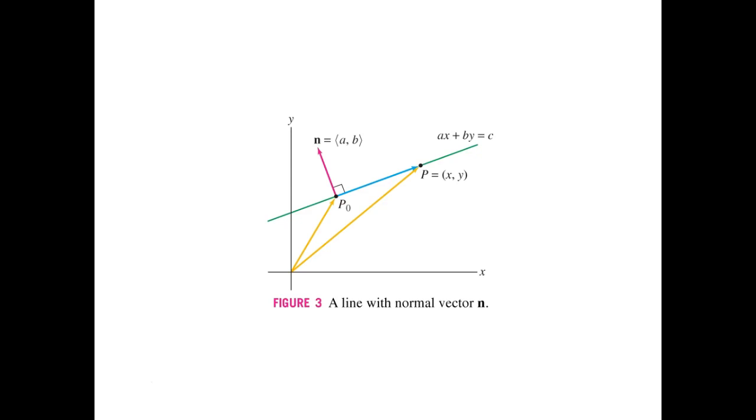So you want a line normal to this other line. And the line AX plus BY is equal to C, which is this green line right here, including the blue portion of it. That's AX plus BY is equal to C.